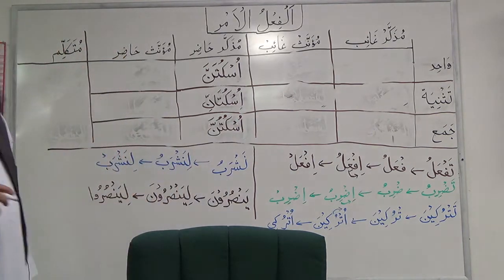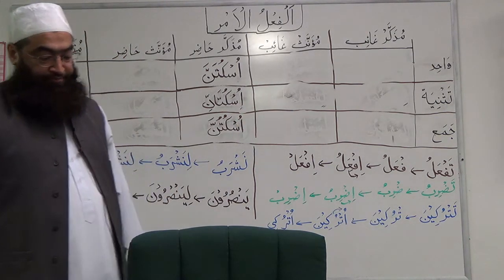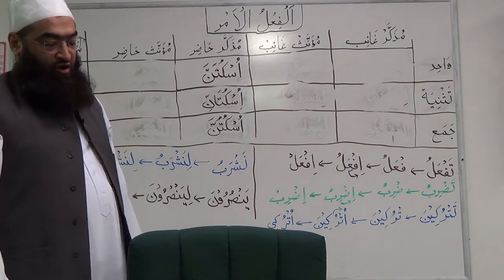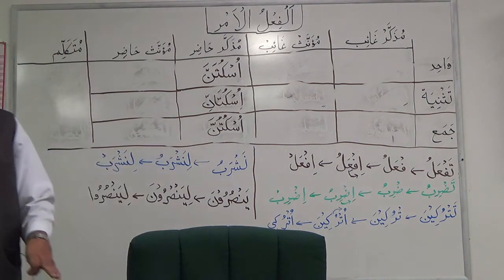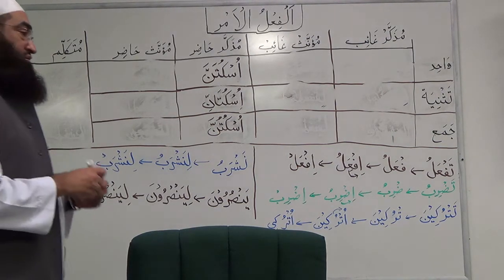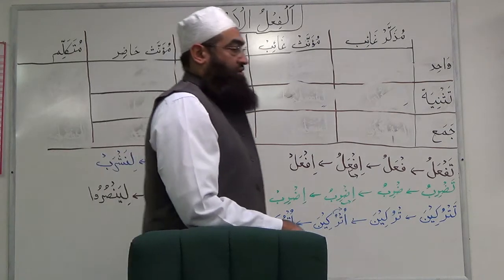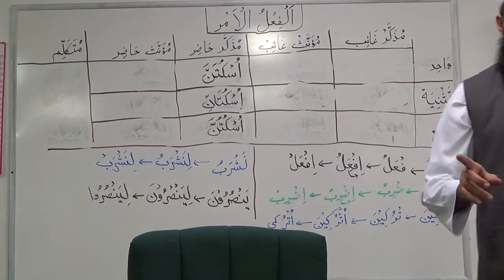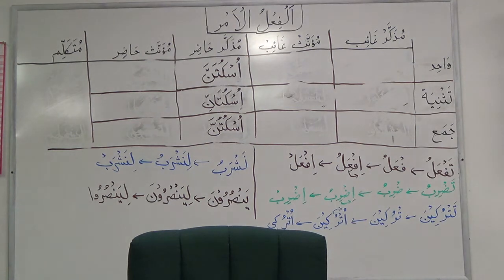Alright, let's use a different word for something with a kasra on it. Alright, how do you say to dismount, to get down, to leave? Kharaja means to go. Say that. Yatruk? To leave.